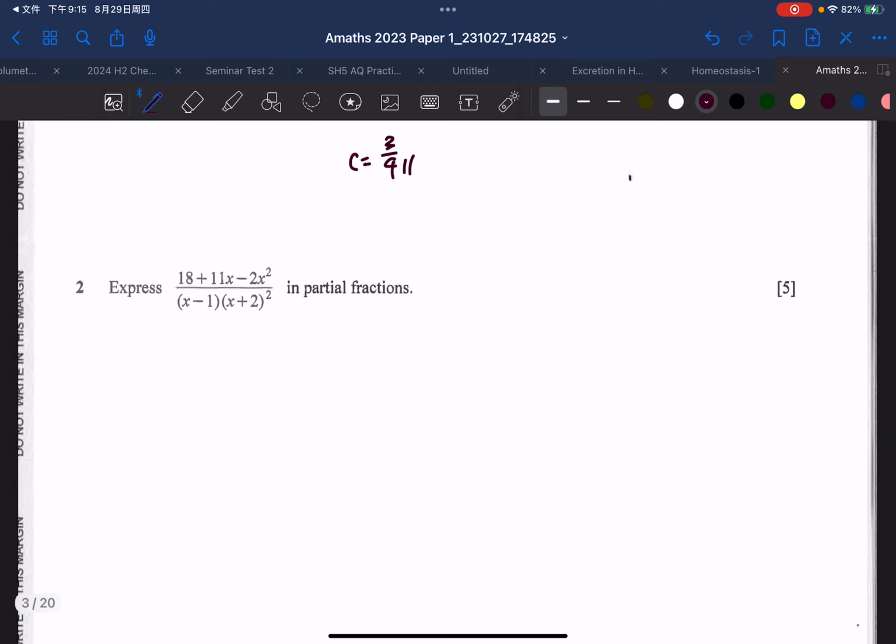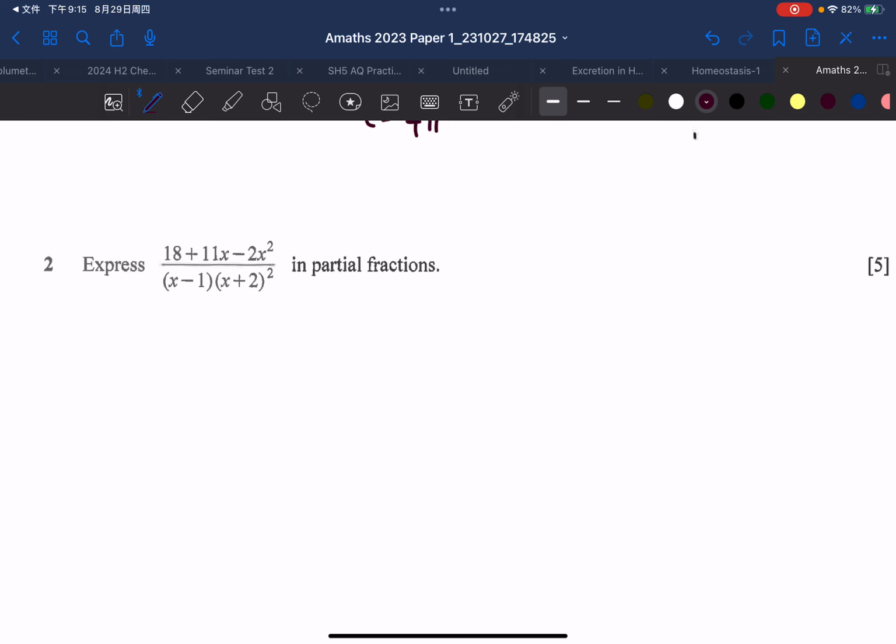So 4 marks gotten. Express this in partial fractions. For partial fractions we only have 3 cases. So let me recap. The first case is, let's say, f(x) over (x minus 1)(x minus 2), you become A over x minus 1 plus B over x minus 2.